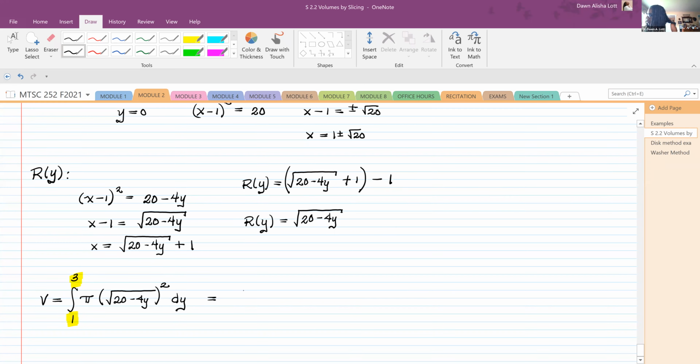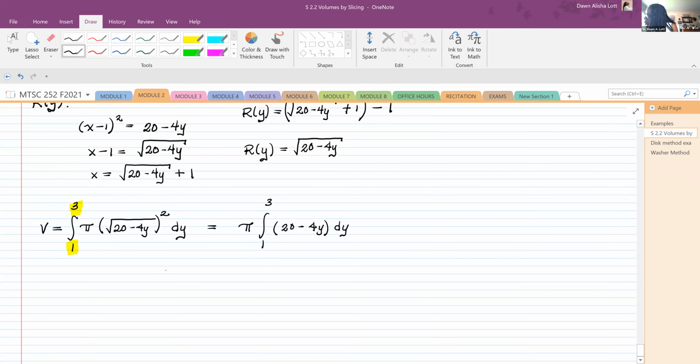So this is now pi times the integral from 1 to 3. What's inside just becomes 20 minus 4y dy. So now I get pi. I'm going to get 20y minus 2y squared, evaluated between 1 and 3.